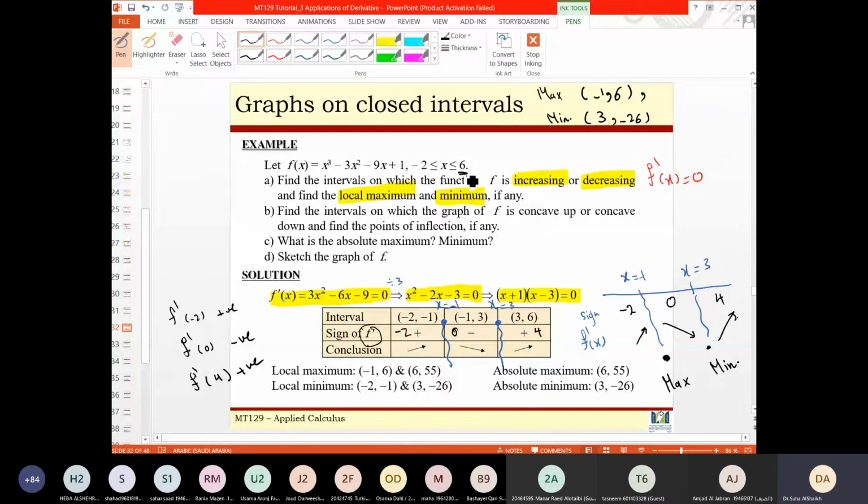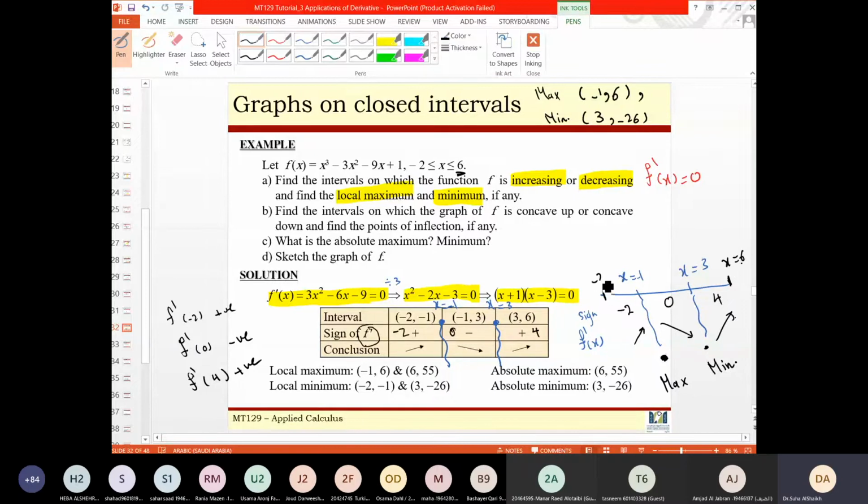Also the edges, because here I stop at x equal to 6 and here I start from minus 2. Also the 6 will be top, right? And the minus 2 will be bottom, a minimum. As a maximum I have 6 and the 55.